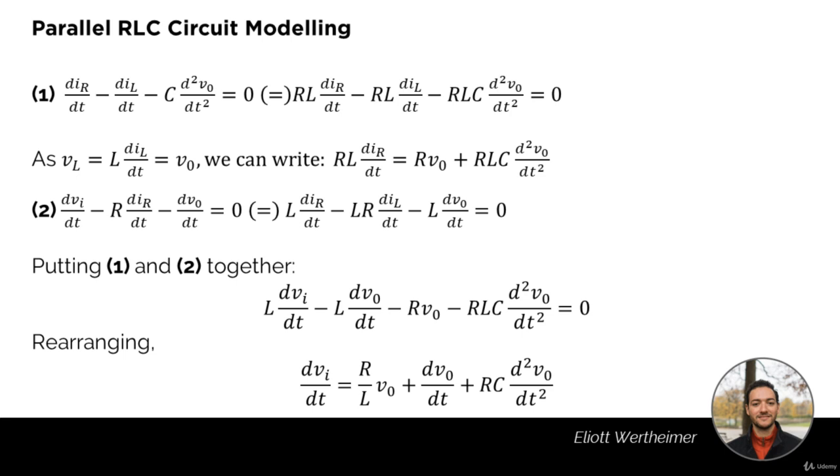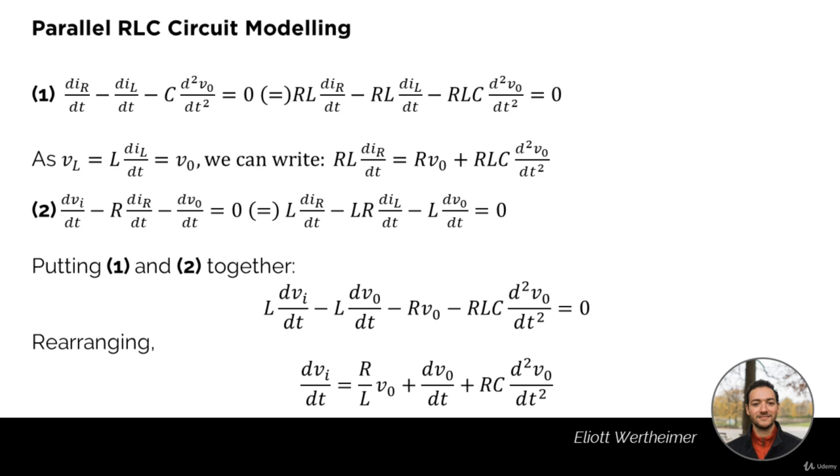However, we know that VL is equal to L, the inductance, multiplied by the derivative of IL with respect to time, which is also equal to V0, as we saw earlier according to the voltage law. So we can write that RL dIR over dt, the derivative of IR with respect to time, is equal to RV0 plus RLC multiplied by the second derivative of V0 with respect to time.